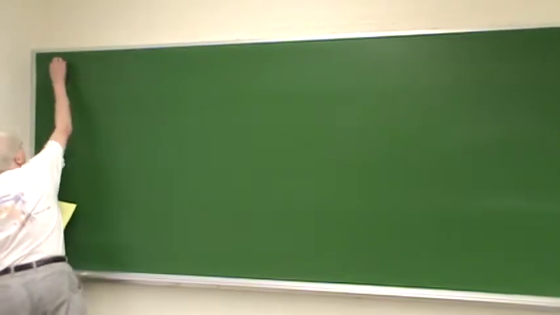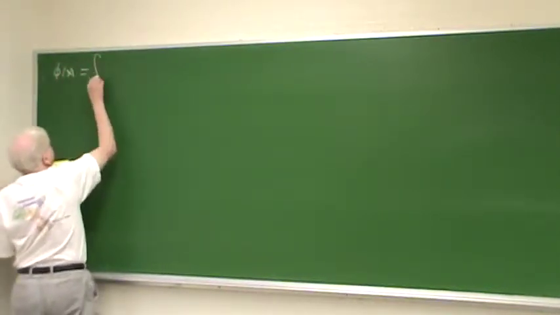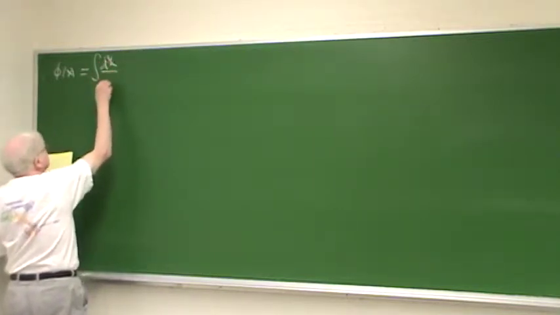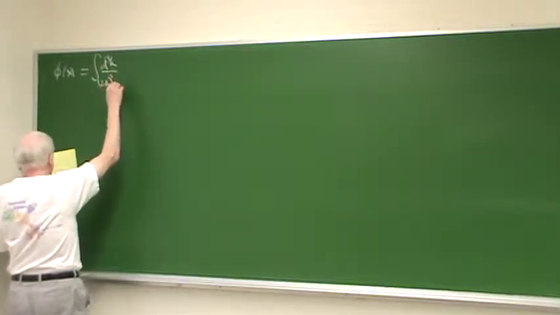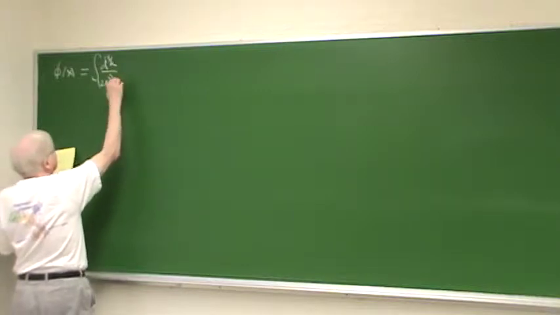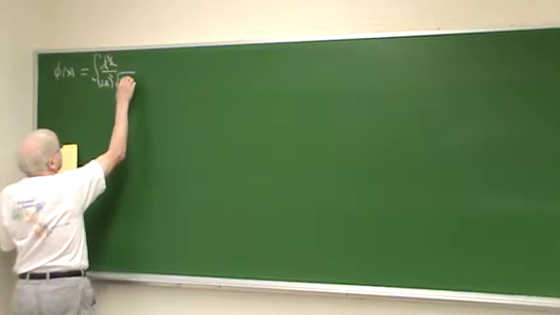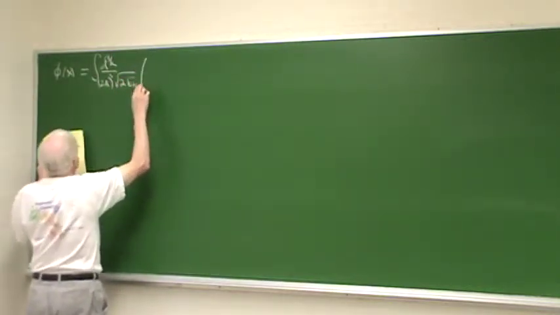Remember that a scalar field in Schwarz's normalization and metric and so forth is d cubed k over 2 pi cubed, and I'm wondering what to call omega or E. I've got 2Ek in my notes, so I better stay with that.